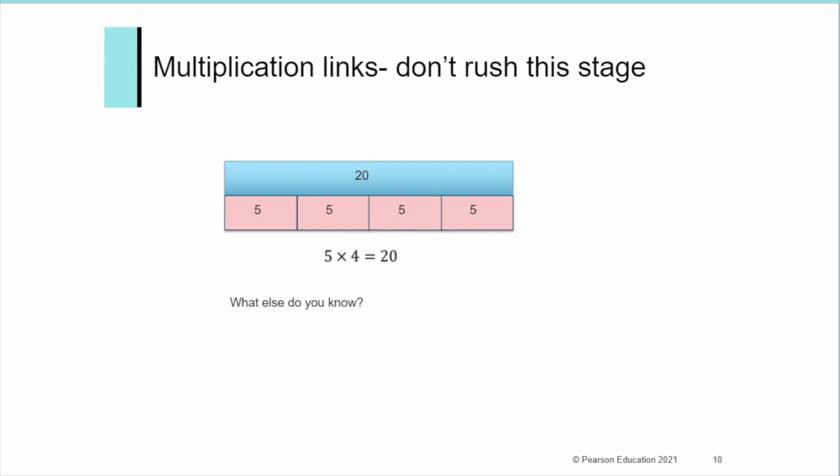Talk to them, and then maybe talk in terms of percentages, what percentage that would be, what fraction has been split up there with that multiplication, anything at all that they can tell you from that picture. For me, the understanding that the whole is 20 and those parts are 5 is really crucial to then being able to apply that to a whole host of different applications.